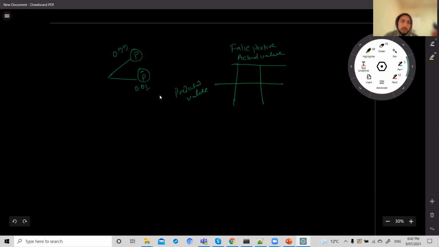If your actual value is 1 and predicted value is also 1, then that is called true positive. But if your actual value is 0 but your prediction is 1, then this is called false positive.